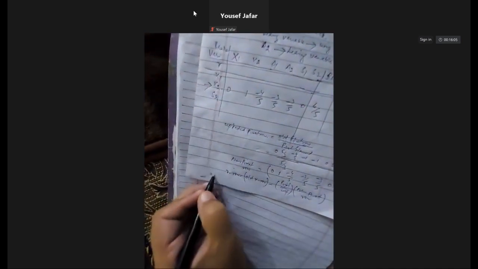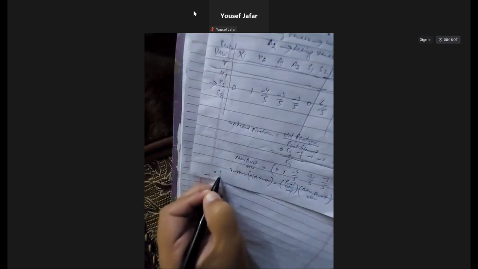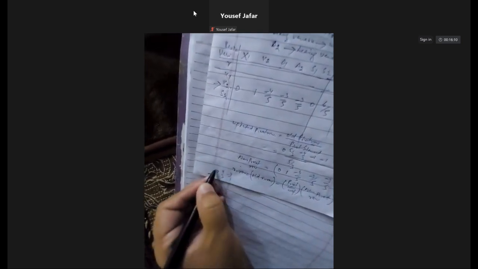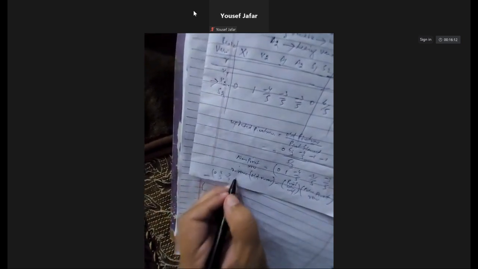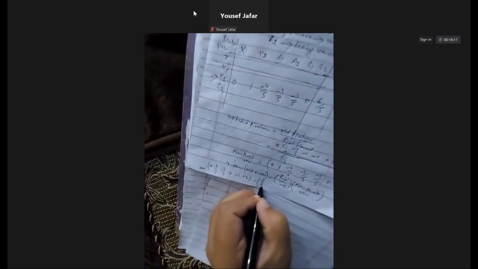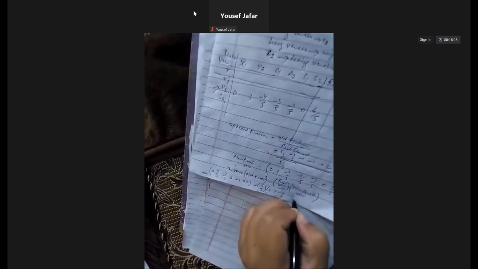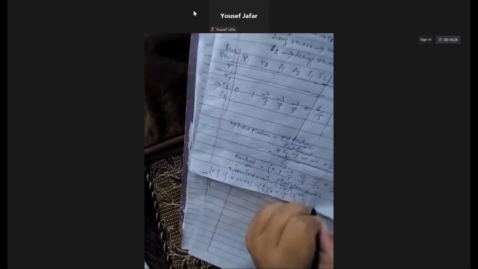The old row is equal to 0, 0, 5 by 3, minus 7 by 3, 0, minus 1, 0 and 2. The pivot element is 5 by 3 and the new pivot row is this one. So we will write it over here. Now we will do these row operations and we will find out the new R row.